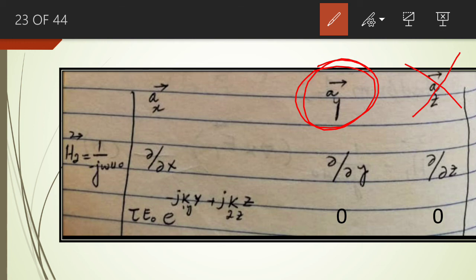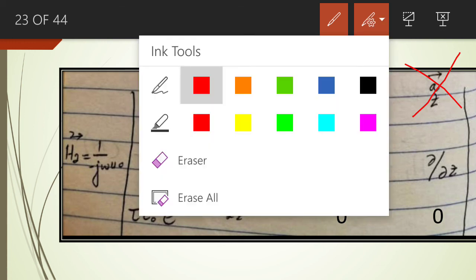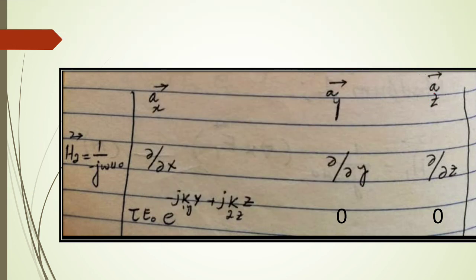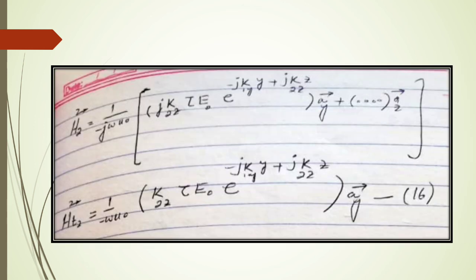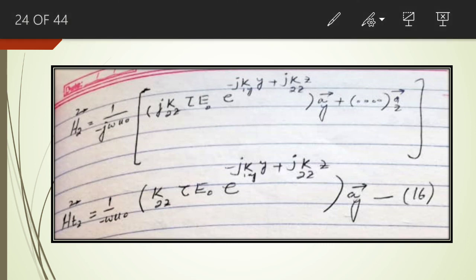So let us expand this determinant. The expansion of this determinant will give you two components, the component along the y-axis and the component along the z-axis. So if we expand the determinant on the right hand side of the previous equation, we get two components of H2.